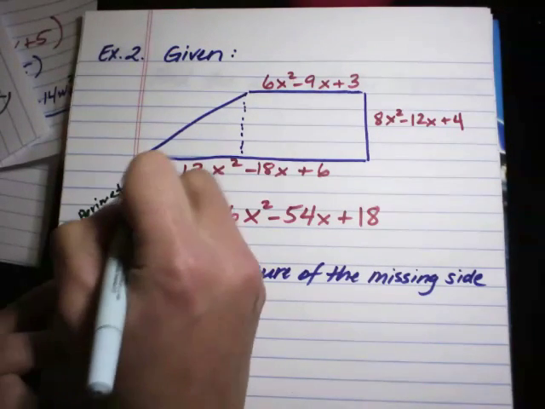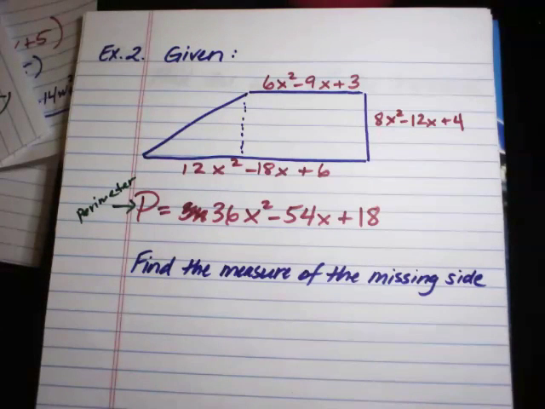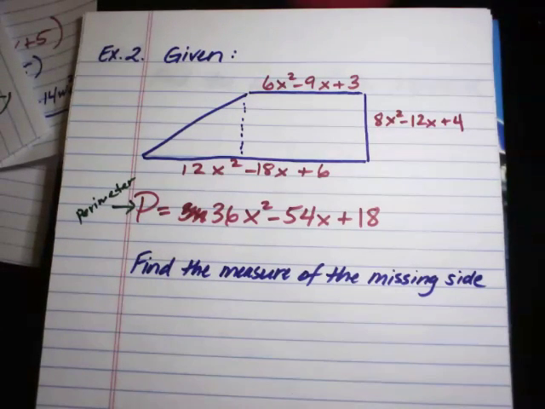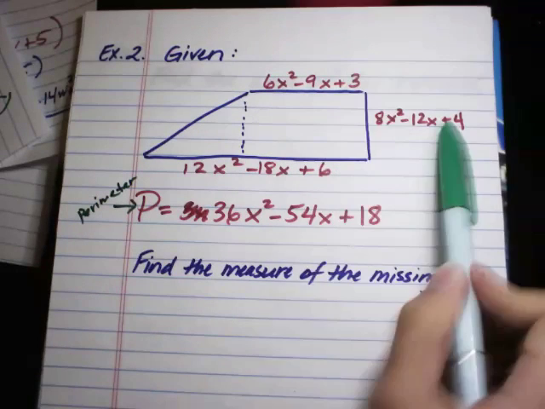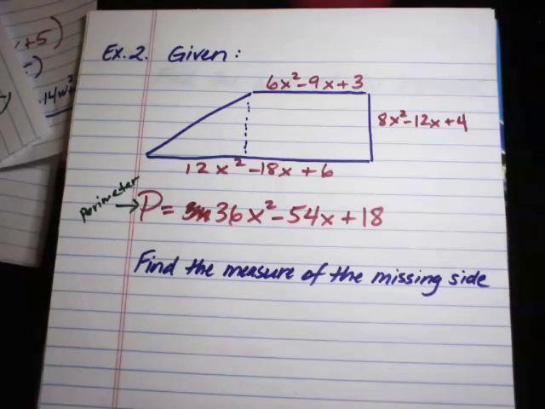Again, we said perimeter is the distance around an object. So if you want to find the measure of the missing side, what you can do is add up the 3 sides and subtract it from the perimeter.